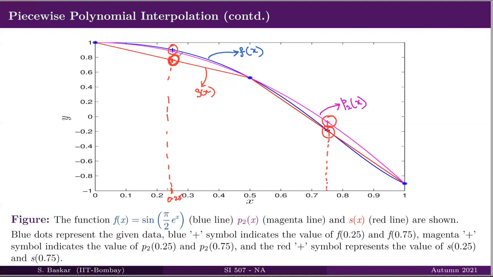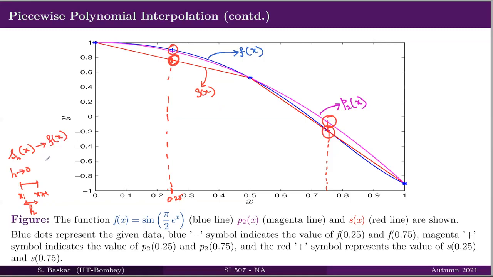One needs to properly do analysis in the respective problems and try to understand what is going on as per their situations. But what we can say is, as you go on decreasing the length of the interval, that is x_{i+1} minus x_i, let us denote this size by h, and the corresponding piecewise polynomial by s_h(x), then what you can show is as h tends to 0, s_h(x) tends to f(x) in some sense.